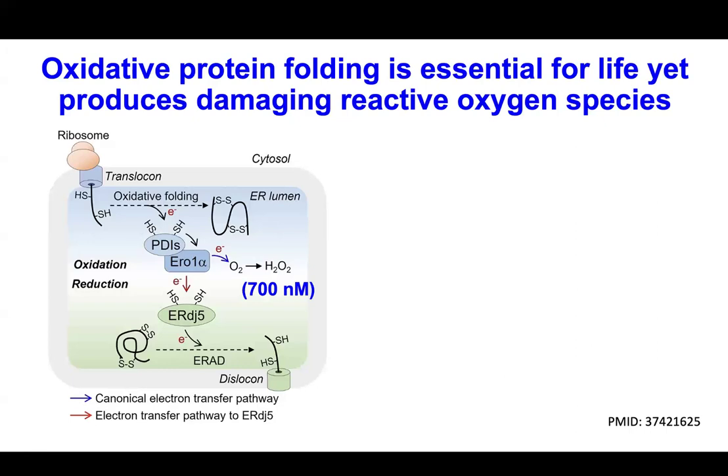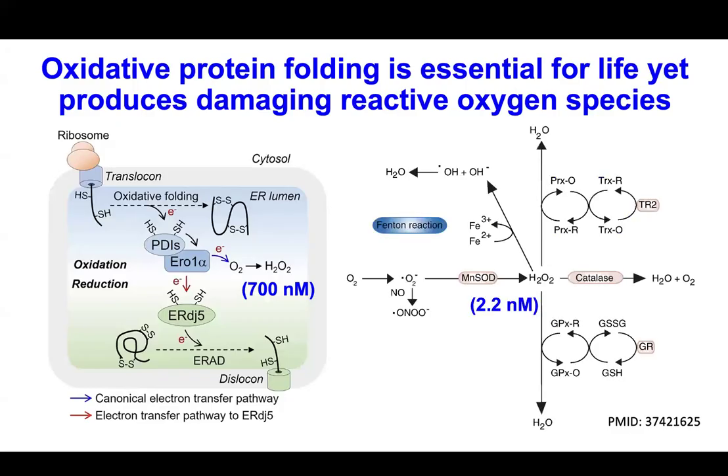But the vast majority of the electrons from disulfide bond formation go to oxygen, forming a tremendous amount of H2O2. It's estimated that there's almost 700 nanomolar H2O2 in the lumen of the ER. And this is in contrast to the concentration of H2O2 in the cytosol, which is only about 2.2 nanomolar.